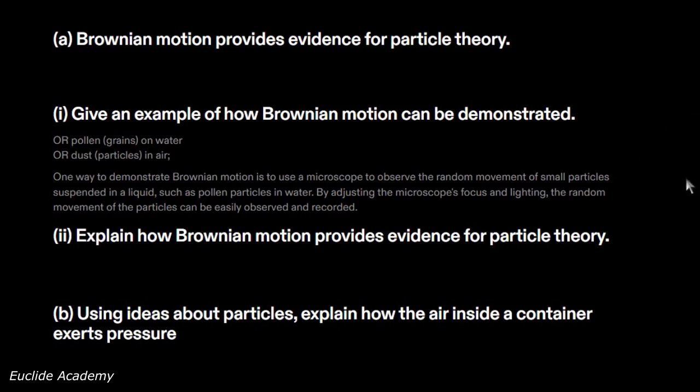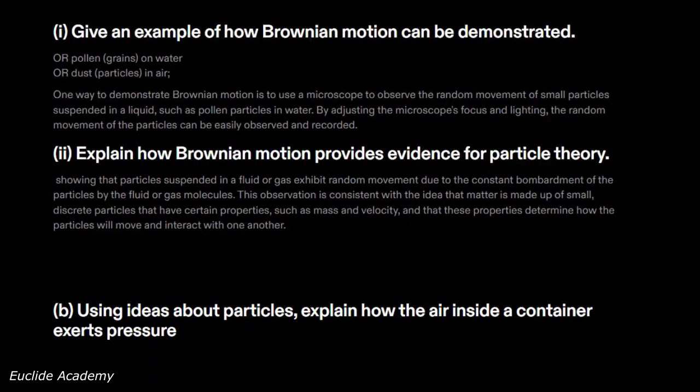The second question: explain how Brownian motion provides evidence for particle theory. How we could give the explanation is that Brownian motion gives us the evidence that particles are in random motion, and they are caused to change direction by hitting the invisible molecules of the fluid or gas.